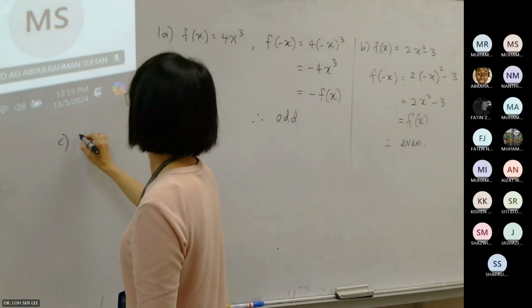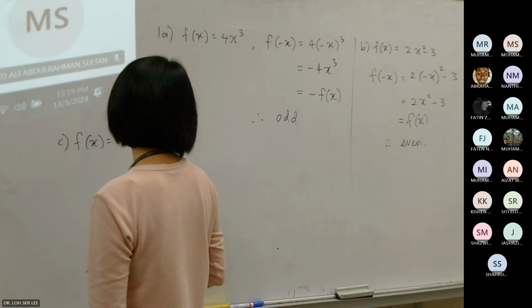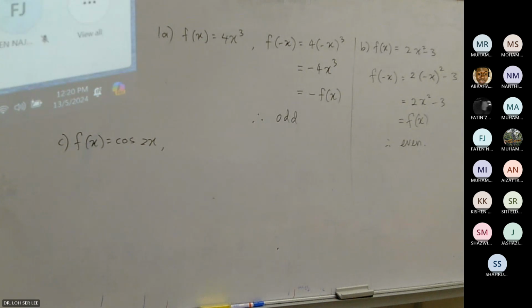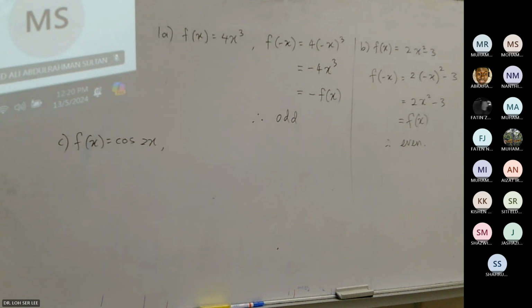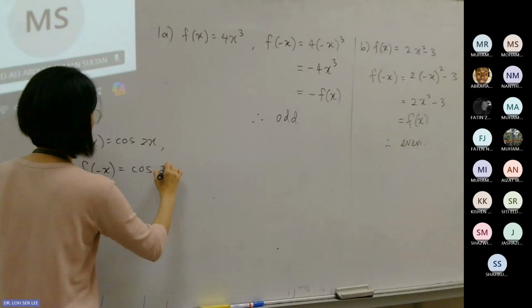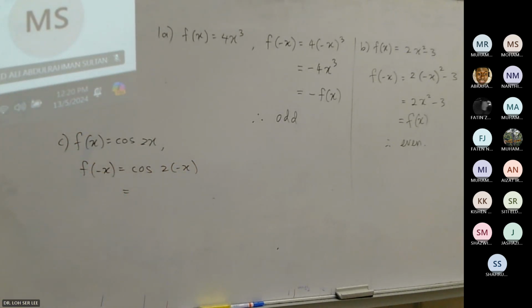Okay, C. f(x) is cos 2x. And negative x will be cos 2 times negative x. Okay, so when you simplify, you get cos negative 2x.